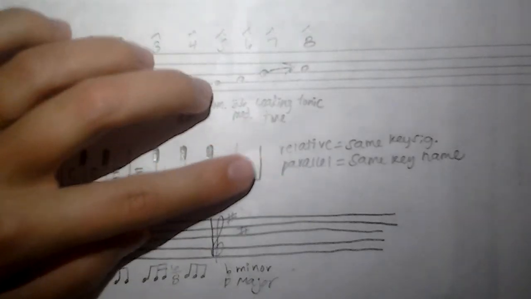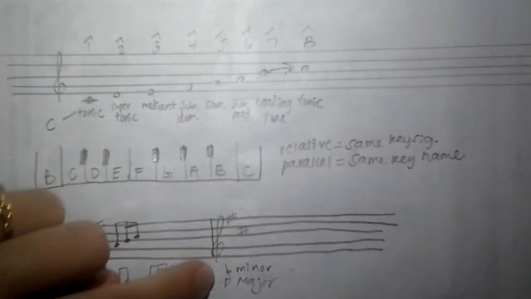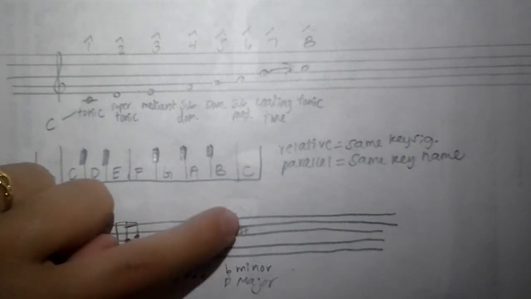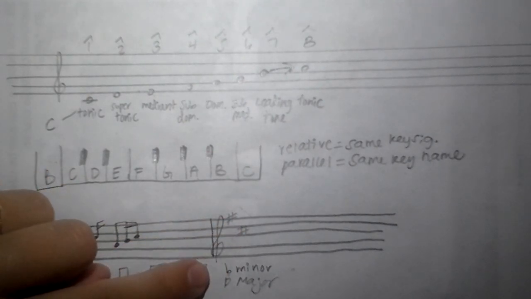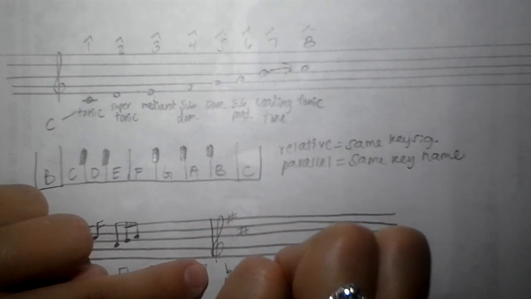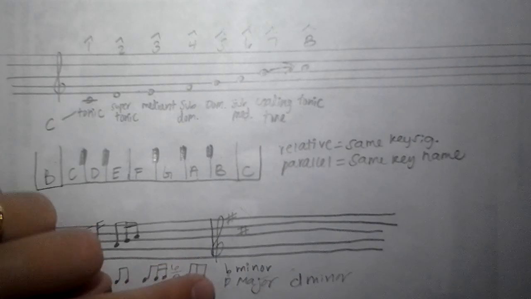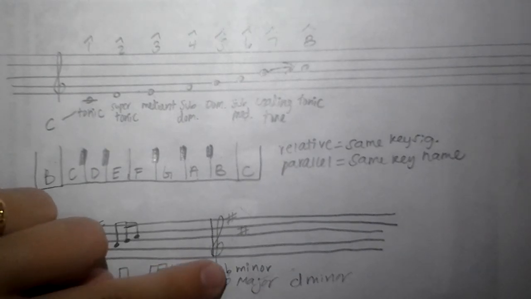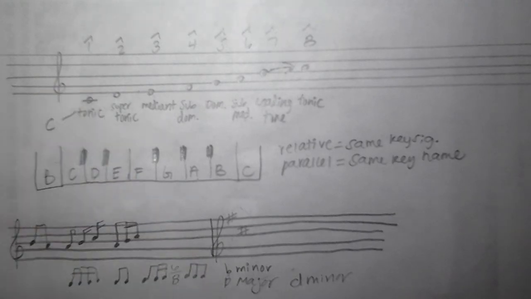So, for instance, in D major, the relative minor is B minor because it shares the same key signature. The parallel minor would be D minor because that's the same name as D major. So when we're talking about parallel minors, you know that your key signature is going to be different.